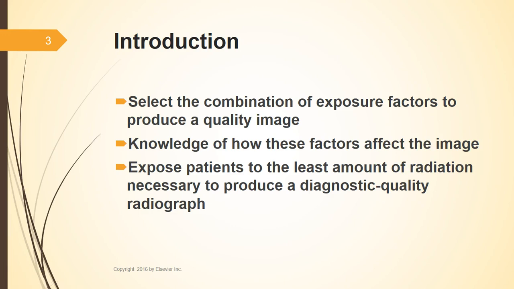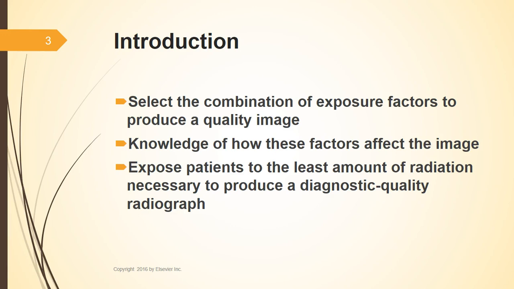Because of the various types of IRs and how they respond differently to the remnant, that exiting patient X-ray, these differences are noted throughout this chapter. However, regardless of the type of IR, the patient should never be exposed more than they have to be. So we should give them the least amount of radiation necessary to produce a diagnostic quality radiograph.